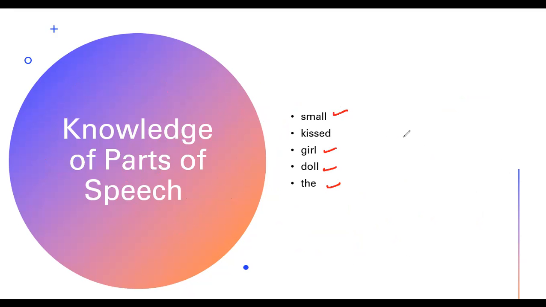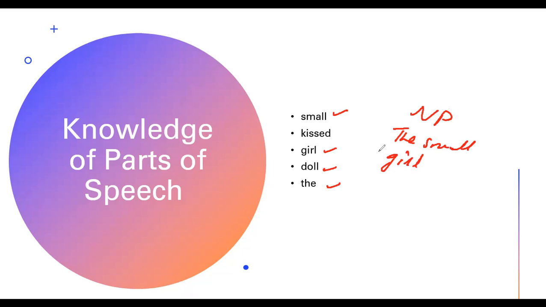Okay, fine. So I can say the small girl. Now, if I put a full stop, the small girl, it's not a sentence at all. It's just a phrase. So that means to write a sentence, I need one more phrase.